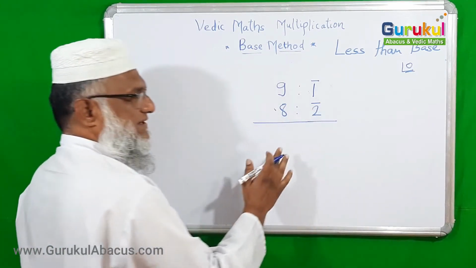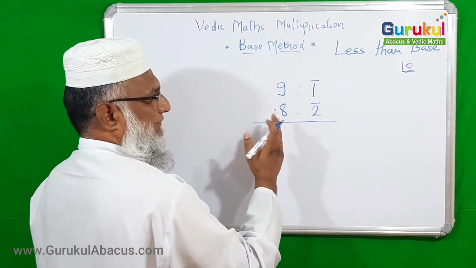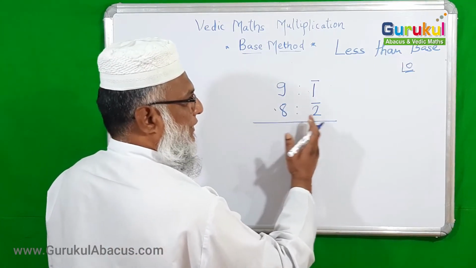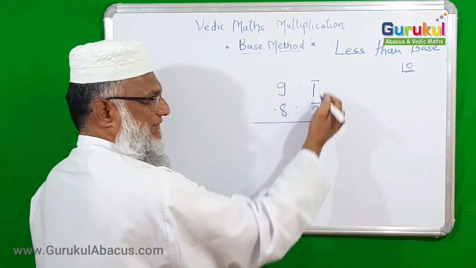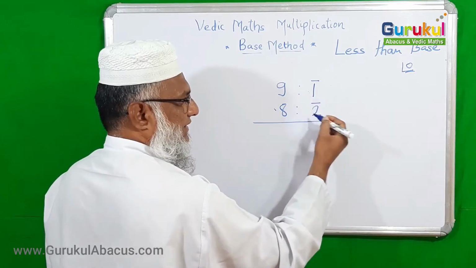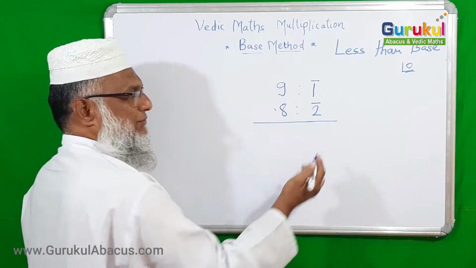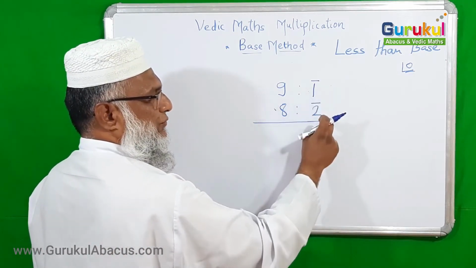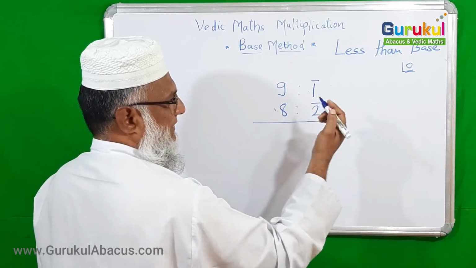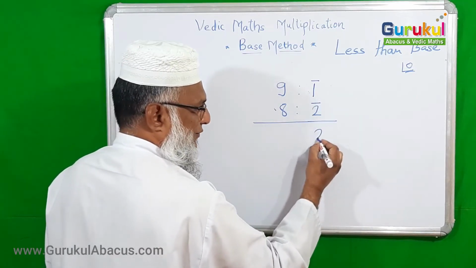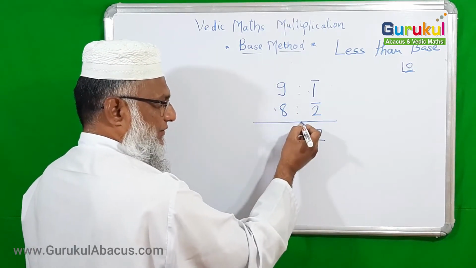That's it. To solve the example by the base method, firstly we find how much each number is less than the base, and that we got here: less 1 and less 2. Our first step is the multiplication of these two numbers found on the right side of the example. 1 twos are 2, less 1 into less 2 becomes 2.